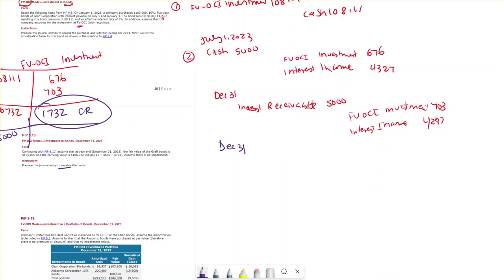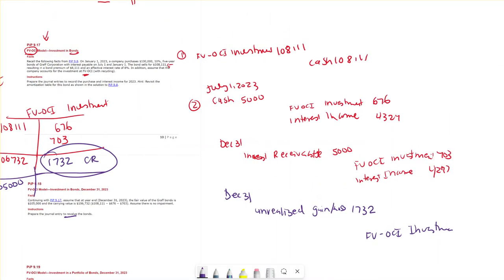In this case, I will have to debit unrealized gain / loss of 1,732. Credit will be for my fair value OCI investment. Similar to what we did, if it's saying recycling, you have to clear that account, bring it up to that value, and then you have to close it. They did not ask me to do that in this question.